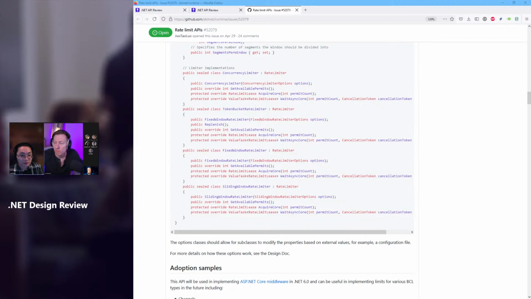Let's see. Right, I think that was the concurrency limiter. For the token bucket limiter, again, it is kind of similar in that it's mostly a constructor plus the implementation of the rate limiter abstractions, plus the public replenish method that we were alluding to earlier.